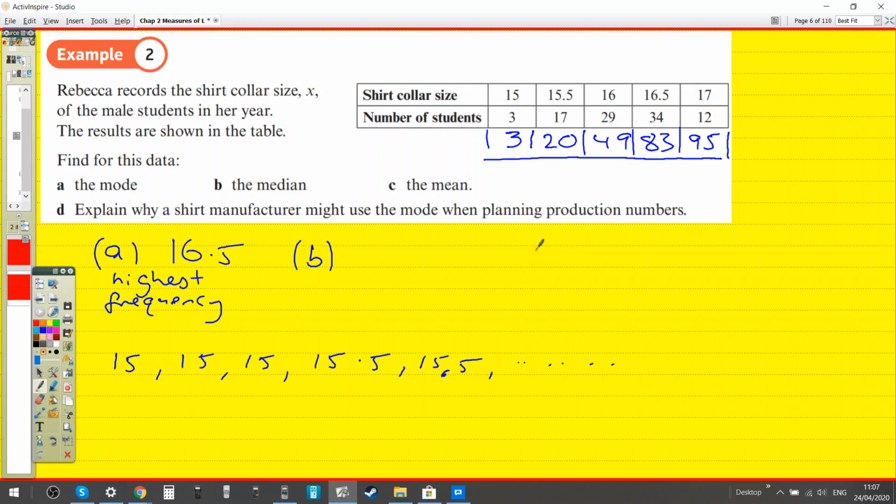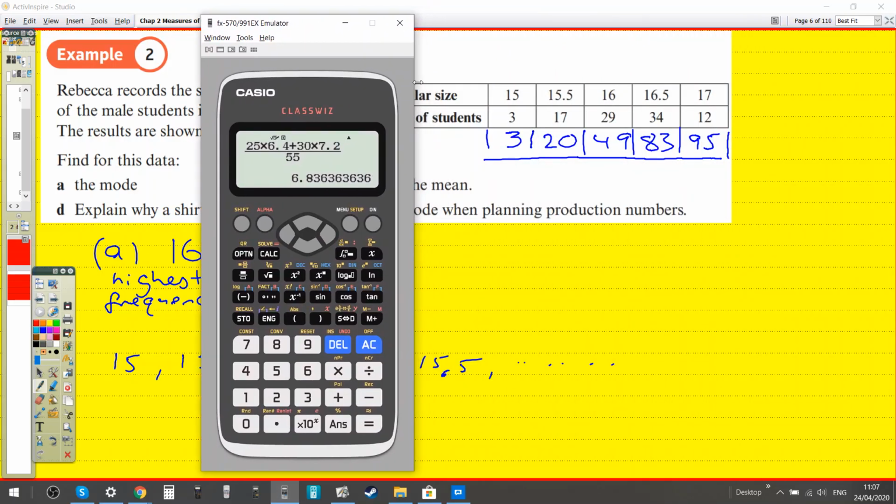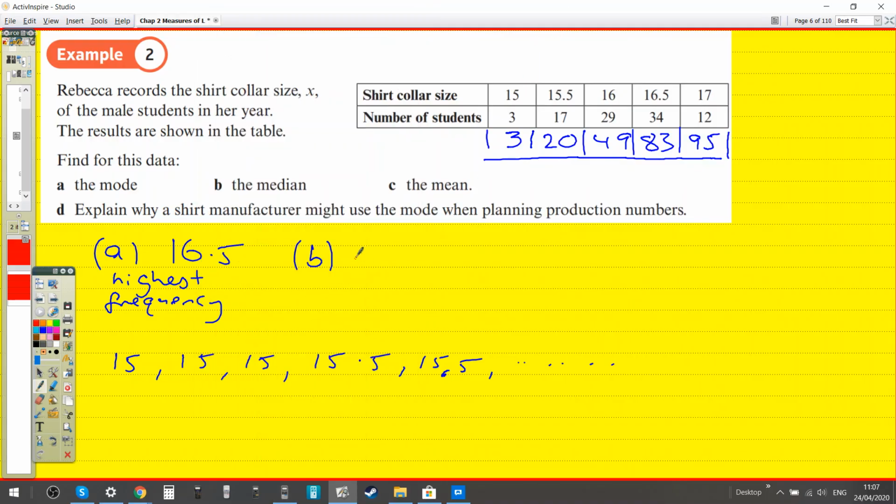So should I separate that into like quintiles or something? You just need to find the middle one. So for the median, the medianth person will be n plus 1 over 2. And in this case, n is 95.